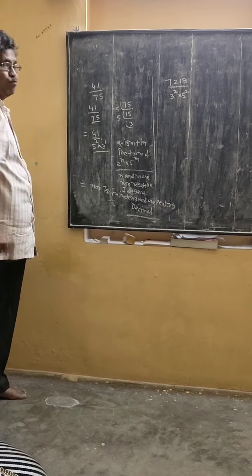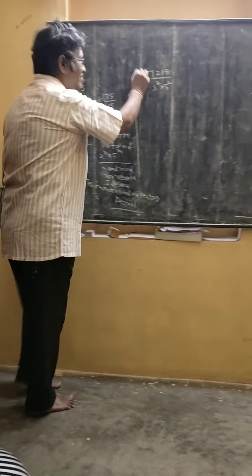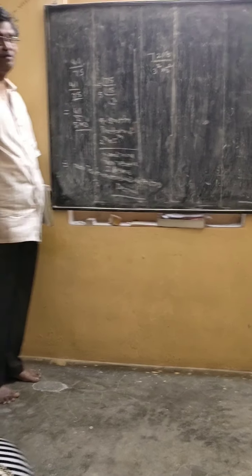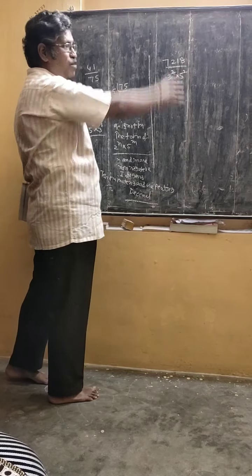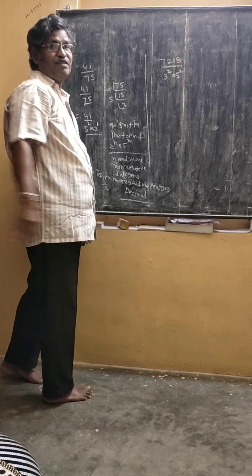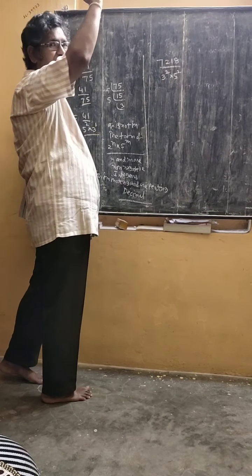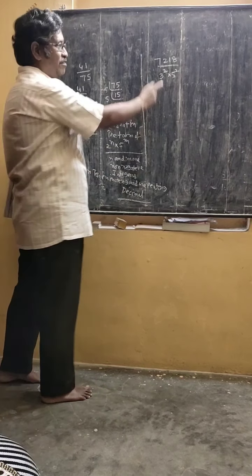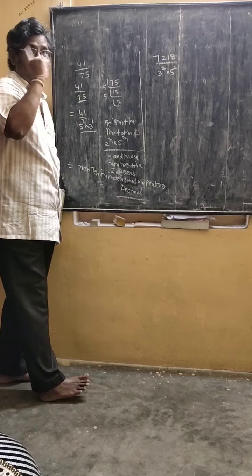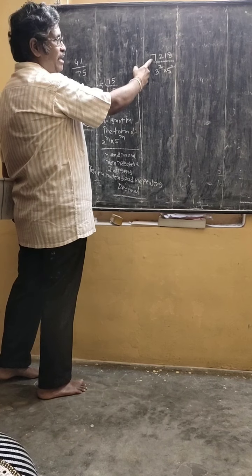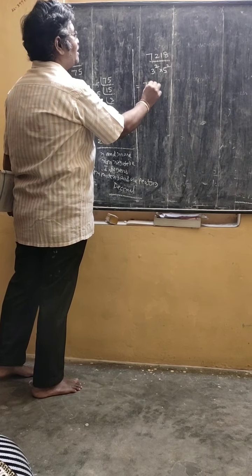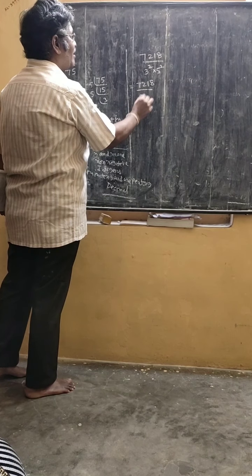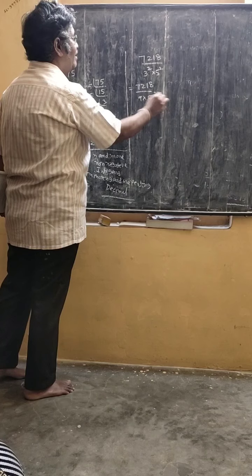Now 72 by 75 is a peculiar case. You are getting 3 square. Many people, by seeing this problem, will say it is a non-terminating repeating decimal by observing this 3 square. But we have to observe the numerator also here. 72 by 18 is... 3 square can be written as 9 into 5 square.